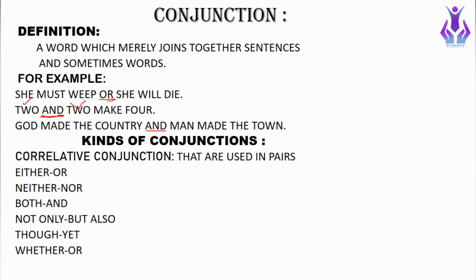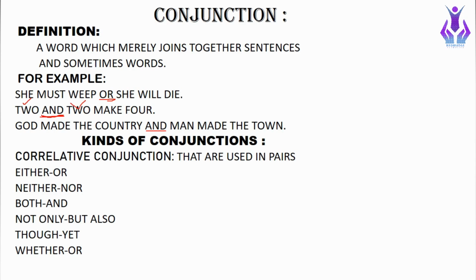There are basically two types of conjunction, that is correlative conjunction and compound conjunction. Correlative conjunctions are used in pairs. For example, either or, neither nor, both and, not only but also, though yet, whether or.